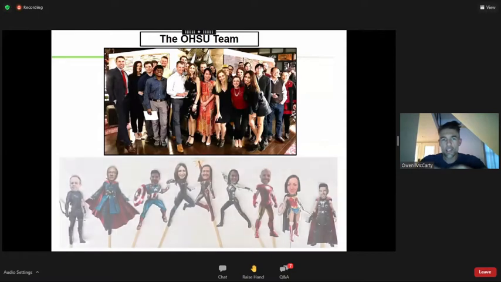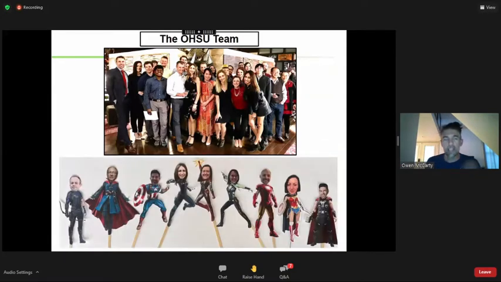Each person in that picture has a particular skill set: an electrical engineer, a chemist, a physiologist, a medical doctor.